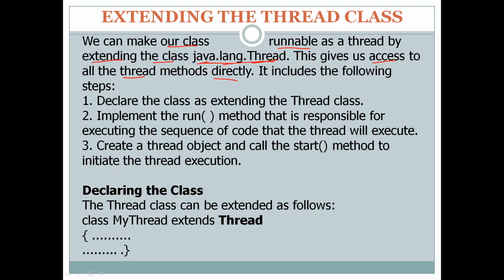First step to create a thread is to declare the class as extending the Thread class. So we have to declare a class which extends the Thread class. Secondly, implement the run method that is responsible for executing the sequence of code that the thread will execute.